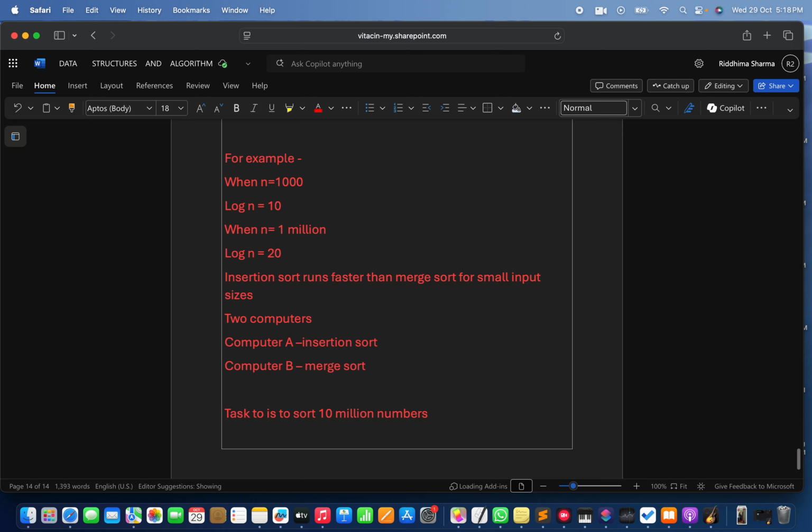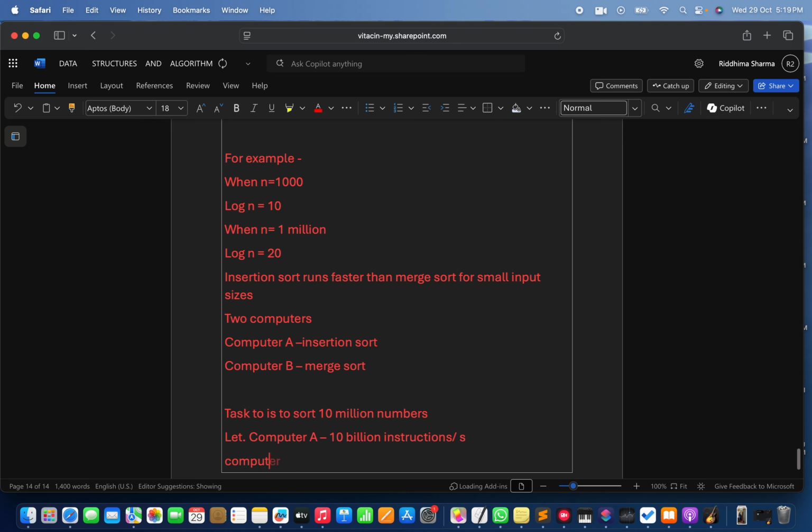Suppose that computer A executes 10 billion instructions per second, faster than any single sequential computer at the time, and computer B executes only 10 million instructions per second.